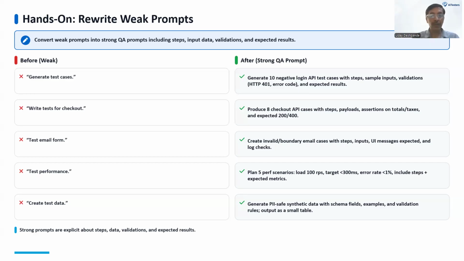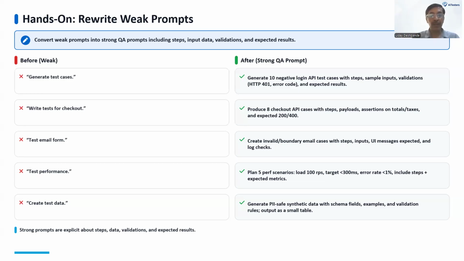Fourth, "test performance" becomes "plan 5 performance scenarios with load of 100 requests per second, a target response time under 300 milliseconds, an error rate below 1%, plus steps and expected metrics." This example shows that prompt engineering applies well beyond functional testing.